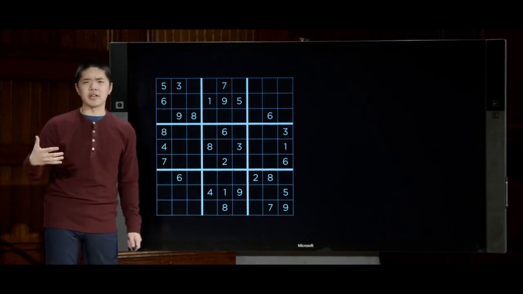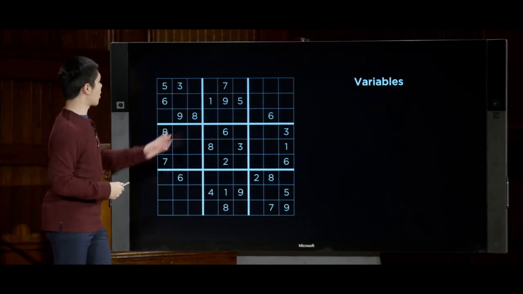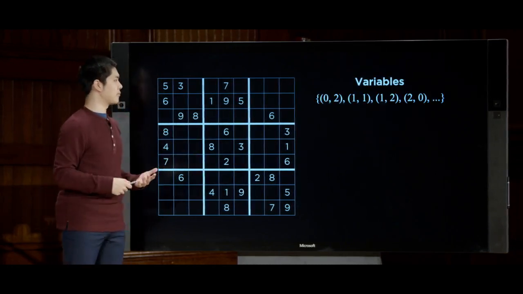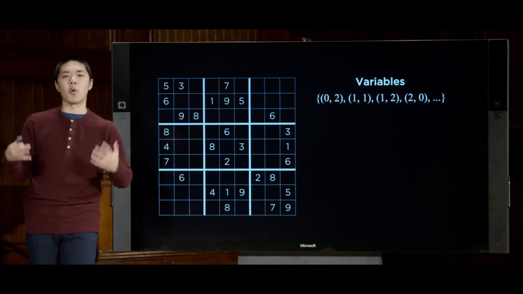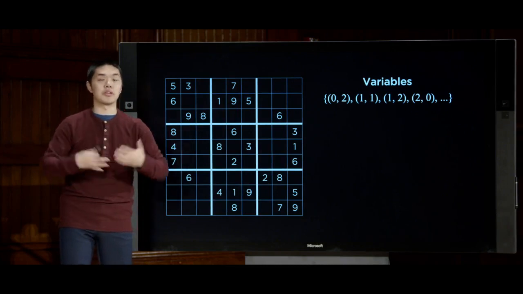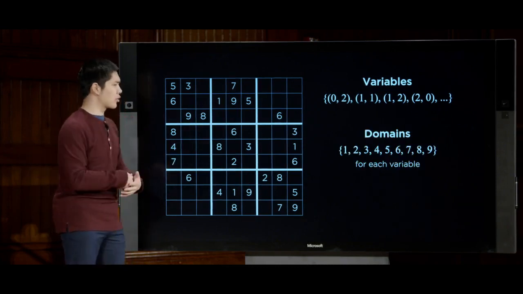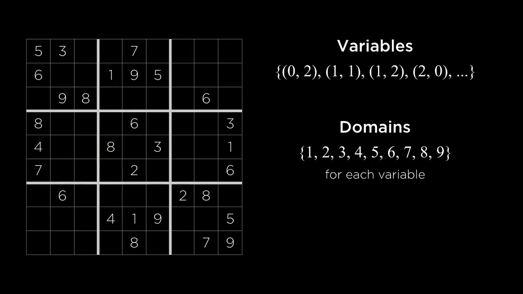So what might this look like as a constraint satisfaction problem? Well, my variables are all of the empty squares in the puzzle. So represented here is just like an x, y coordinate, for example, as all of the squares where I need to plug in a value, where I don't know what value it should take on. The domain is just going to be all of the numbers from 1 through 9, any value that I could fill in to one of these cells.